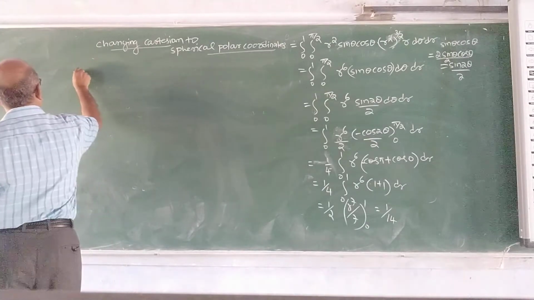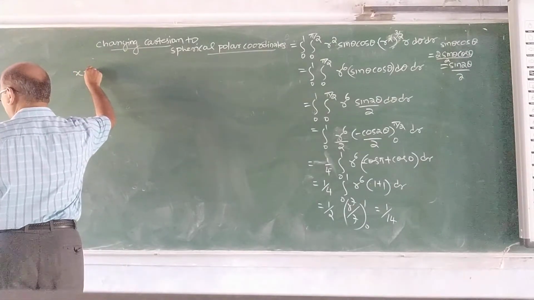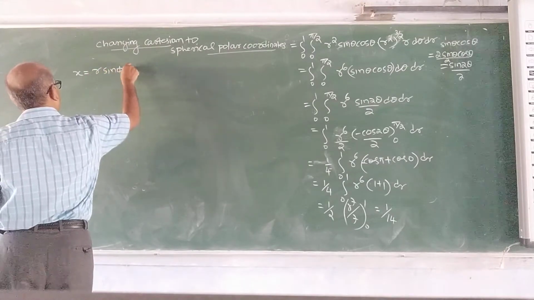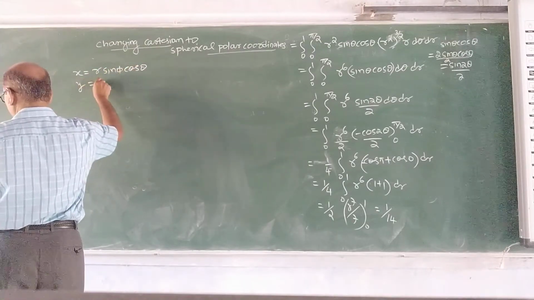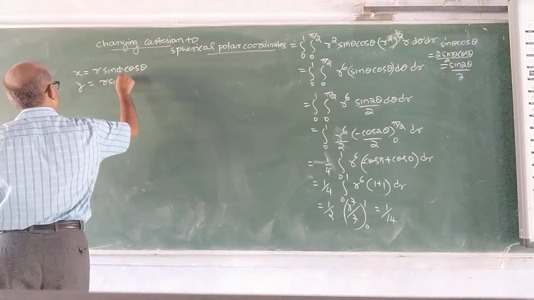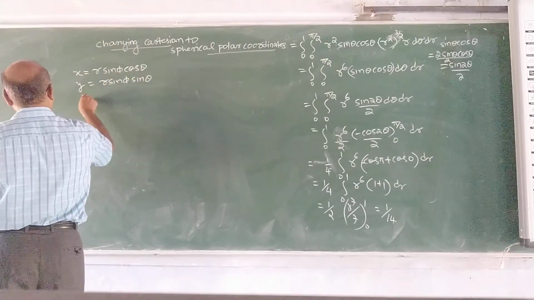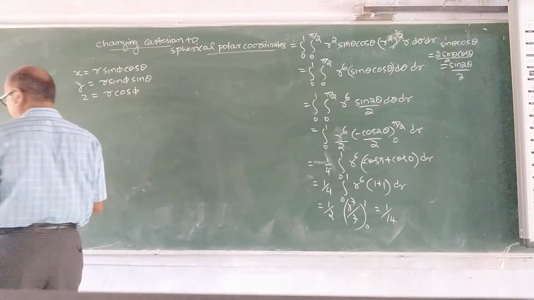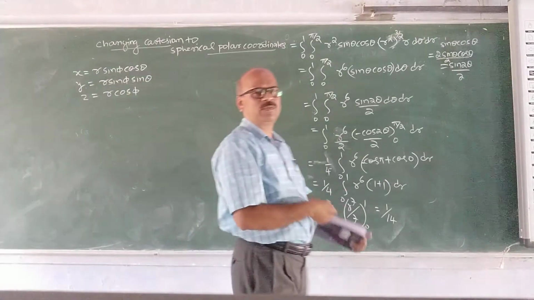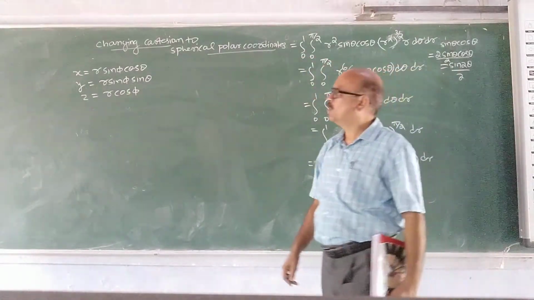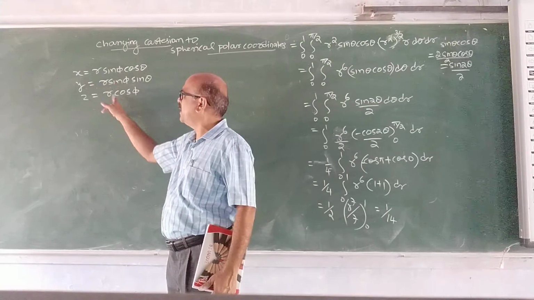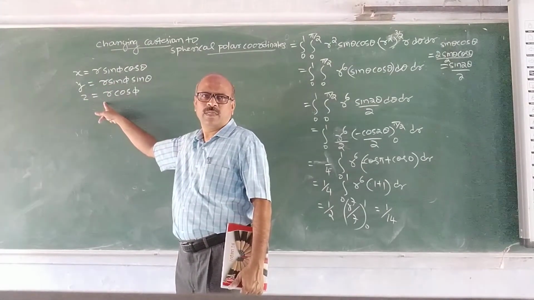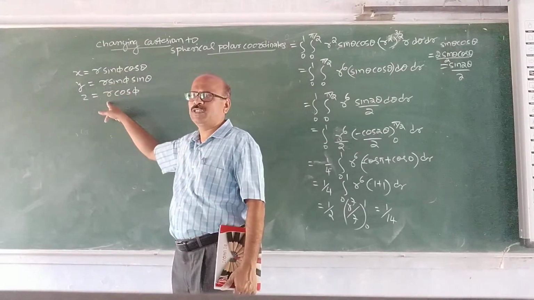Find the Jacobian of xyz with respect to r theta phi if x is equal to r sin phi cos theta, y is equal to r sin phi sin theta, z is equal to r cos phi. Anybody remember this problem? In the problem you came across this one.